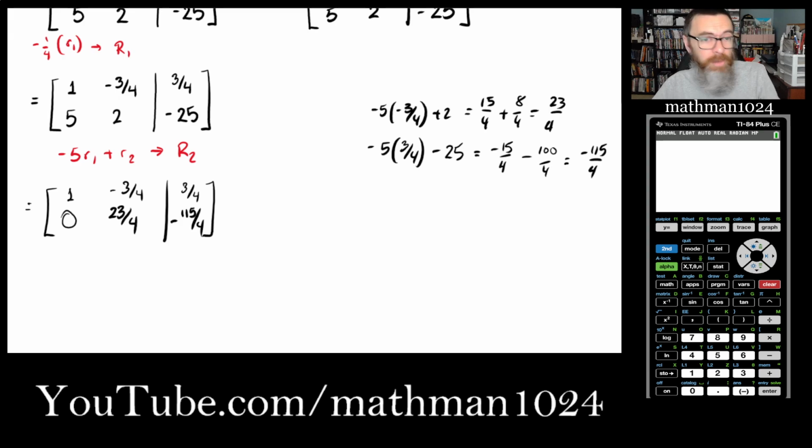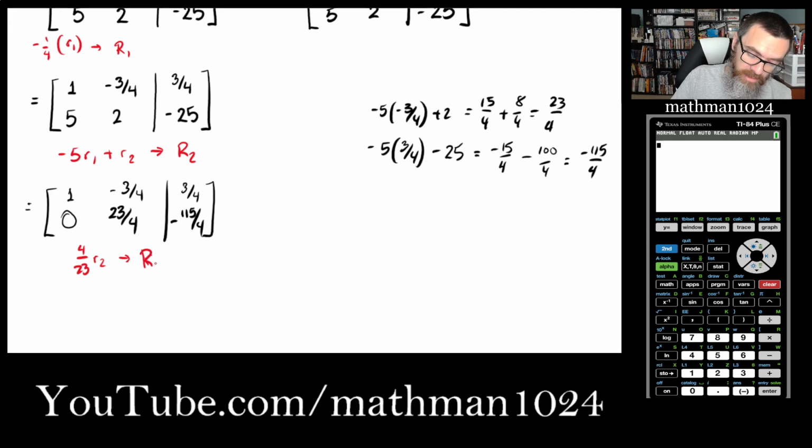All right, so then from here, we need to get this to be a 1. And the way we do that is that we multiply times the reciprocal. So we'd go 4/23 times row 2 and replace row 2 with that. Wow, that did not look right.